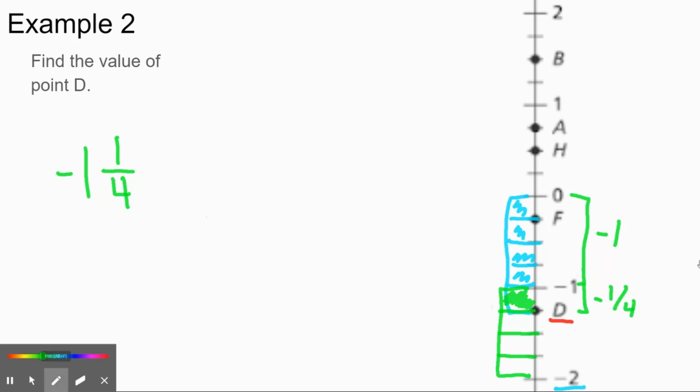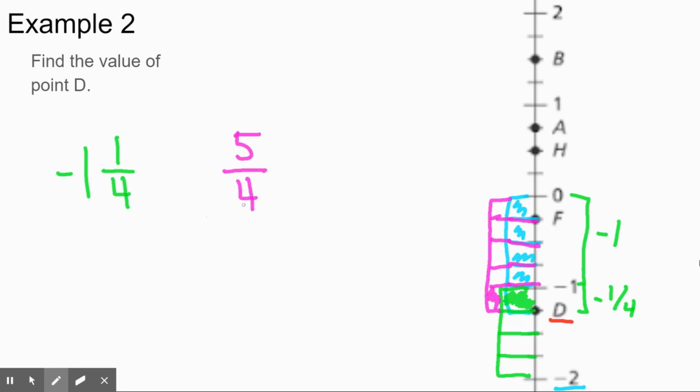So that's one way to do it. The other way to do it is actually using what we drew earlier. We can still draw our box like this. And as long as we remember that these are representing fourths, we can still do that. So we'll have 1, 2, 3, 4, 5 fourths. And that would still be an acceptable answer, as long as we make sure that's still negative.